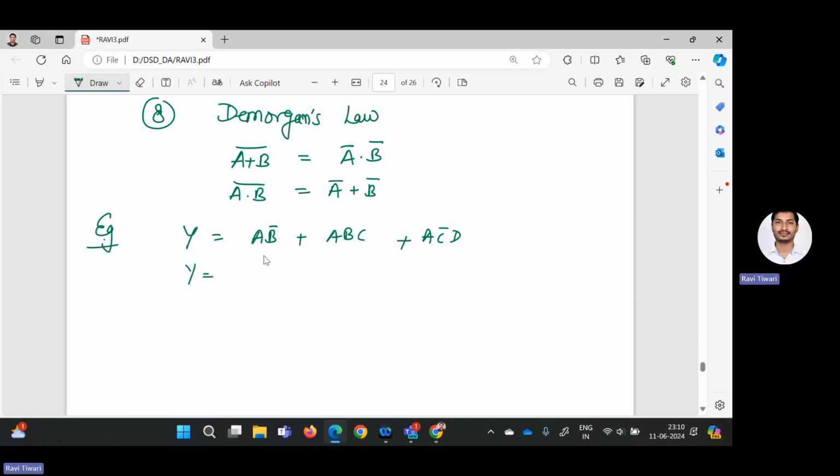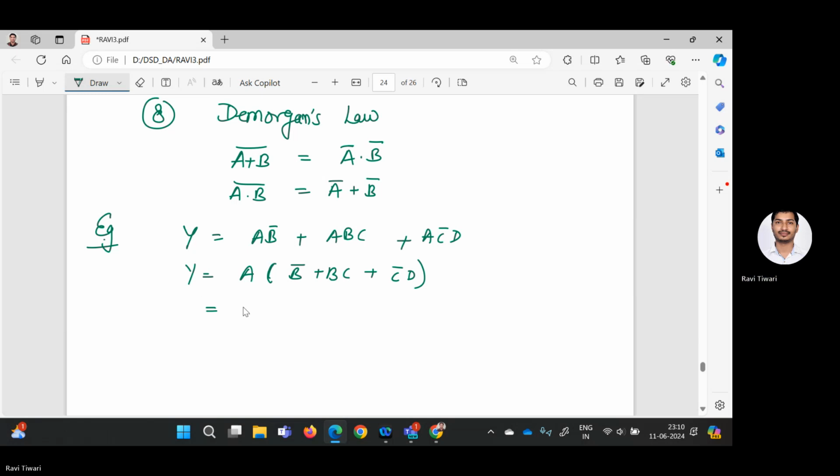As you can see, A is a common term. So we will take A common. Inside this you see B bar plus B C plus C bar D. What I did is just take this A common.